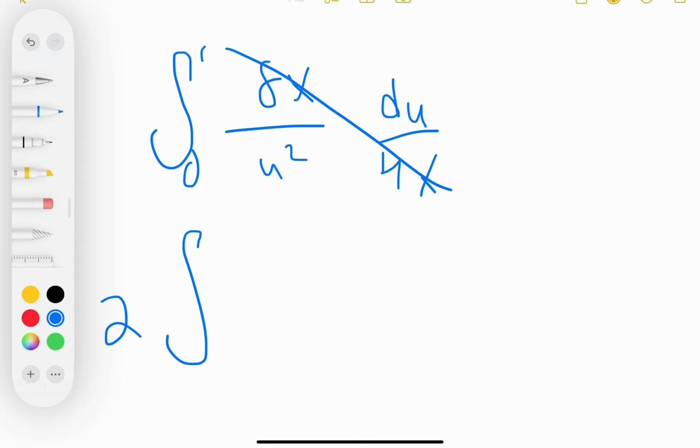Sorry, let me recheck: we have 8x in the integral, and du is 2x dx, so it's going to be 4 du. Personally, I would write it like this.